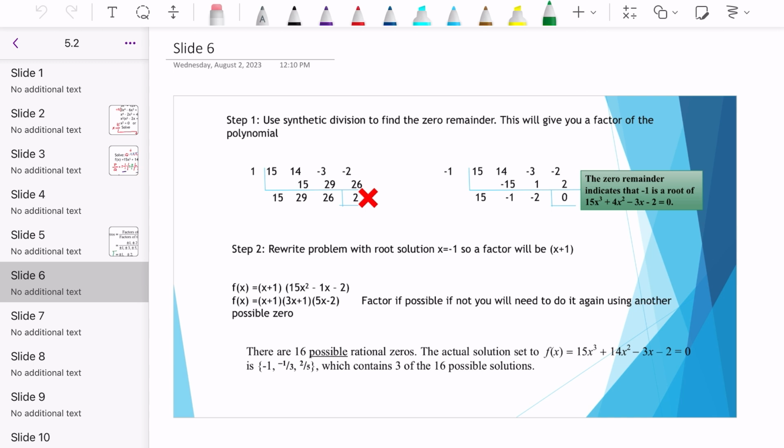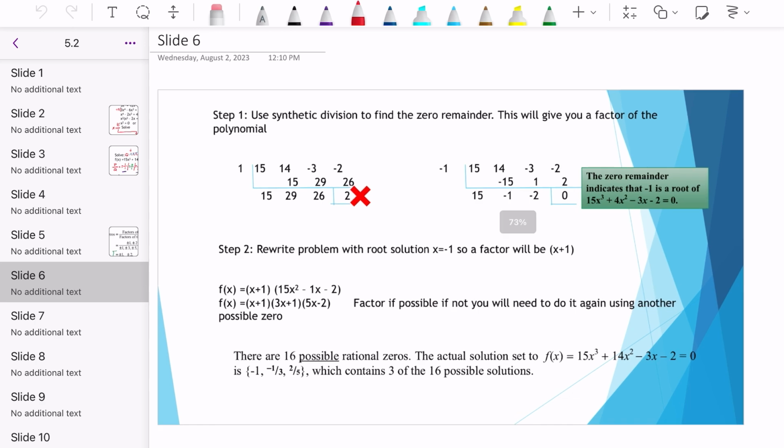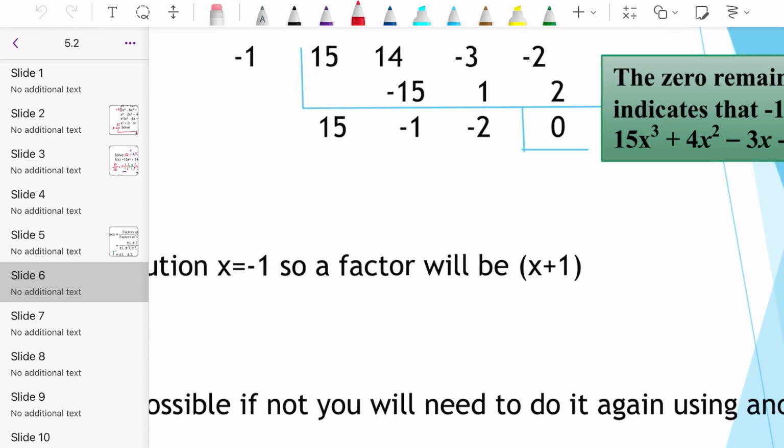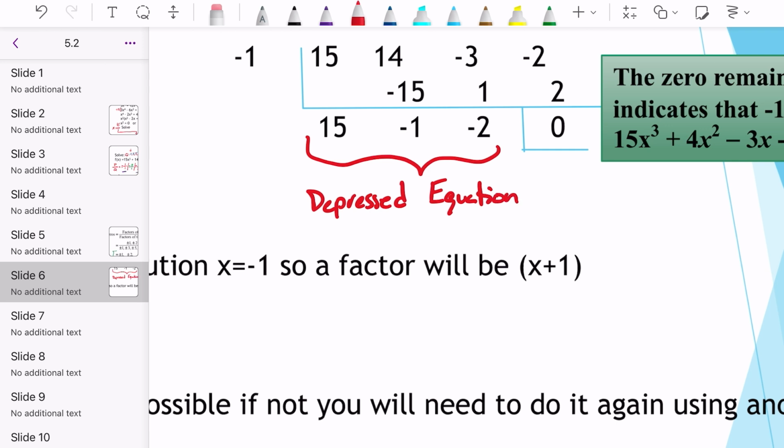So as we rewrite the problem with the root solution of the negative 1, we move over that negative 1 to the left-hand side, which means x plus 1 is a factor. We go ahead, write our depressed equation. So this part, once again, is our depressed equation.